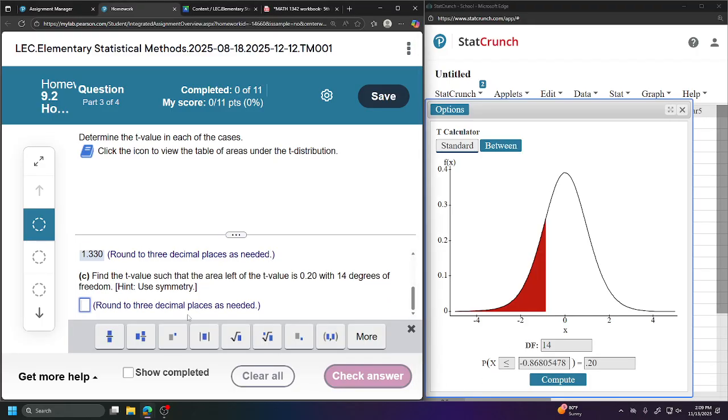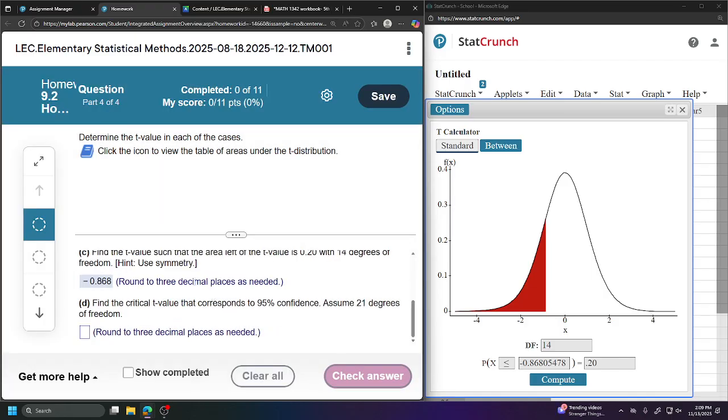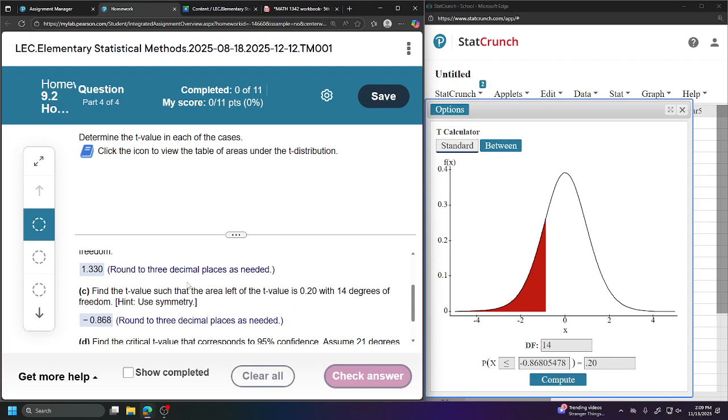Now, what's interesting about this, it's a negative number, right? They're going to be very angry with the negative. They're not going to want the negative. Oh, they want the negative. Okay, cool, man. They want the negative. Just do what they say. I really thought it would not because they were looking for the number. Anyways, are we cool with that? I mean, look, even StatCrunch showed you the negative side, right?